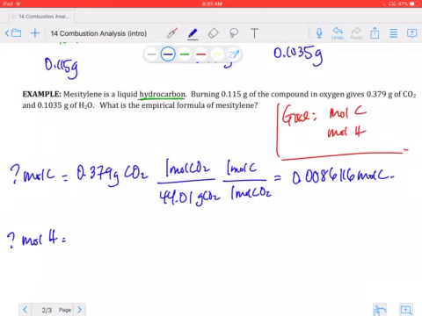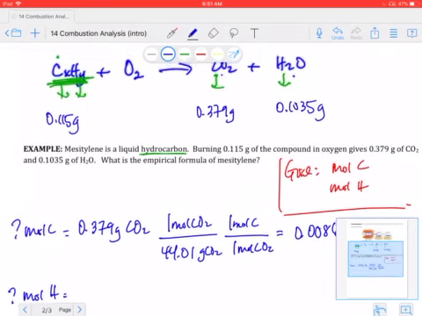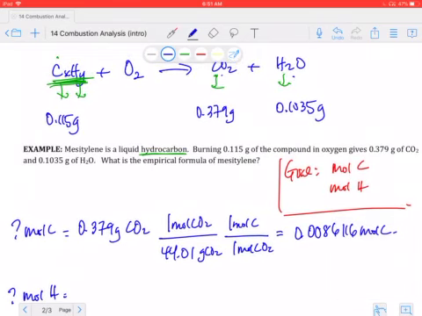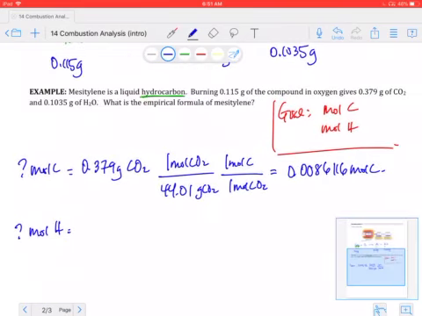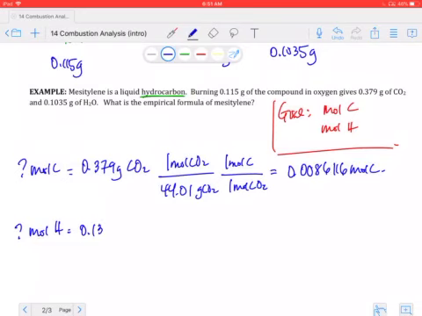Then we're going to do a similar thing for hydrogen. So I'm looking for moles of hydrogen, but this time we're going to use the water information, right? The hydrogen shows up in the water. So we have 0.1035 grams of water. We're going to convert that to our moles of hydrogen.